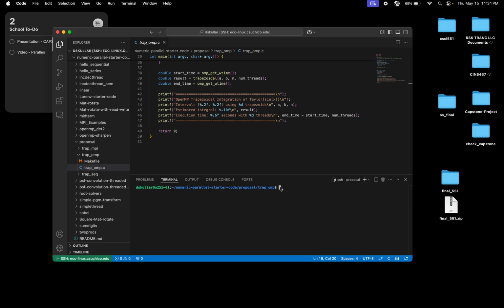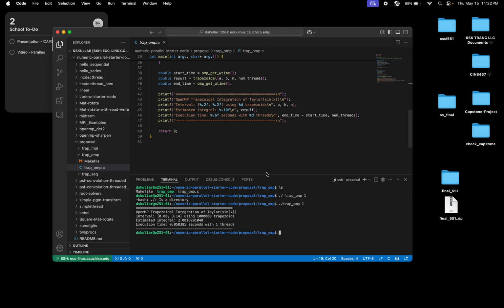Let's give this execution a go here. ./trap_p.